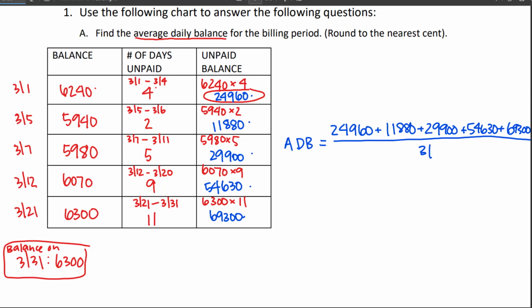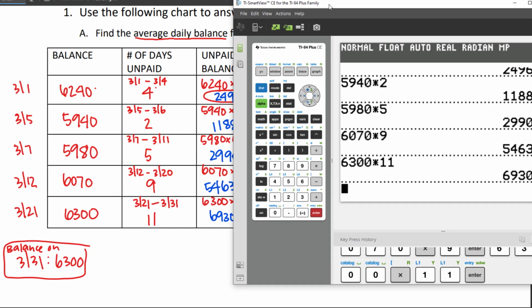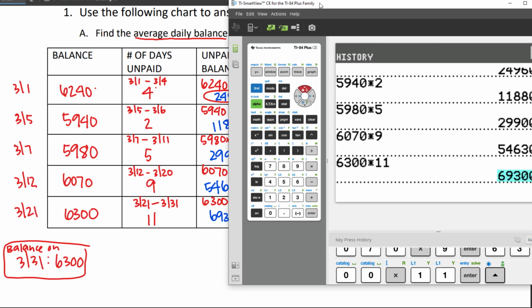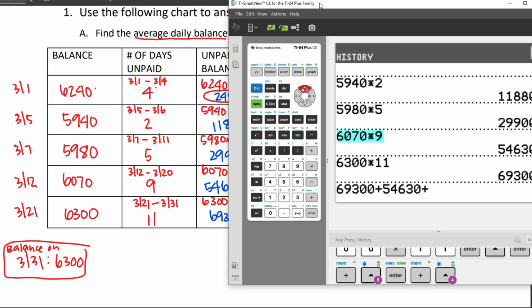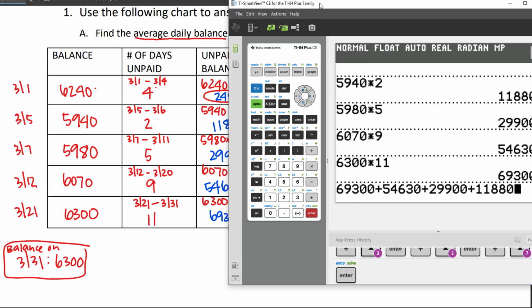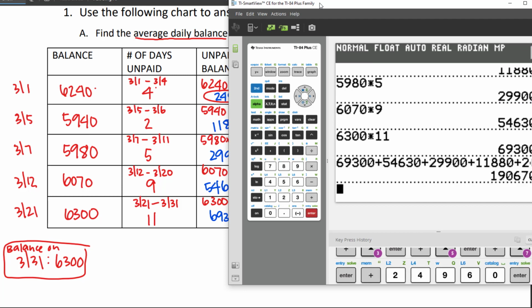Okay, let's get our calculator, and I'm just gonna go up and highlight each of these. And then the last one.